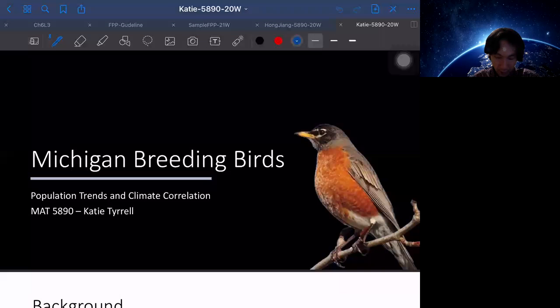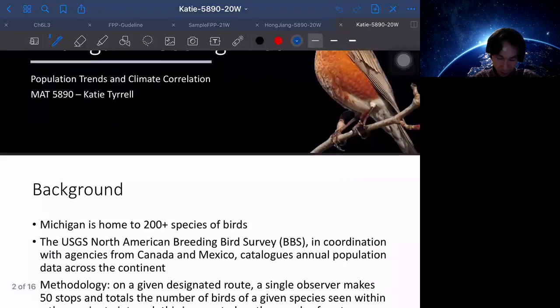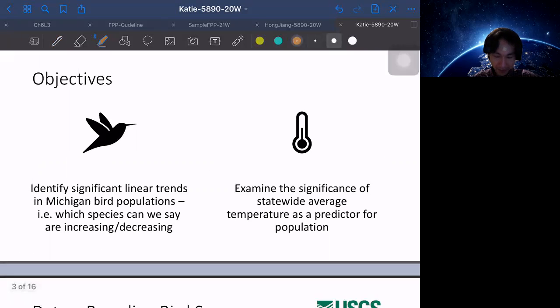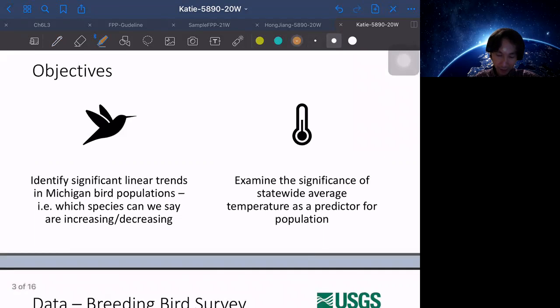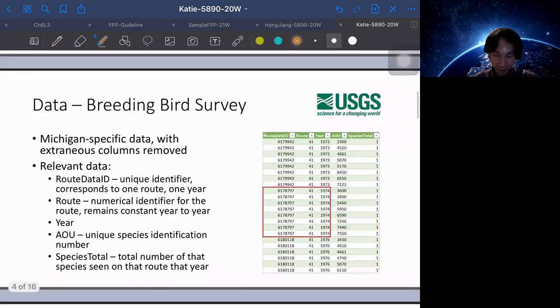And this student, she likes birds. She downloaded the data set from the USGS North American Breeding Bird Survey, and she had more fancy illustrations and graphics and an introduction of the data set.